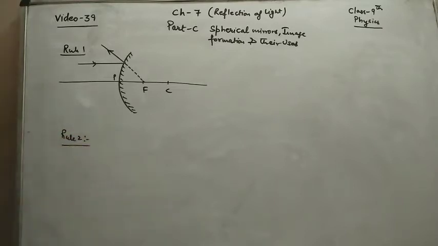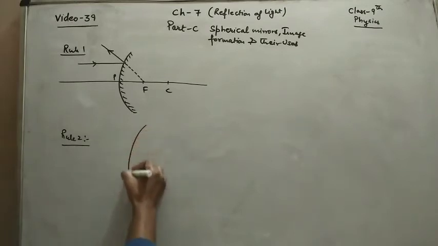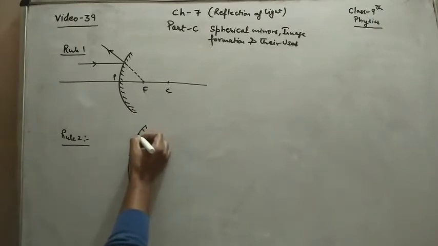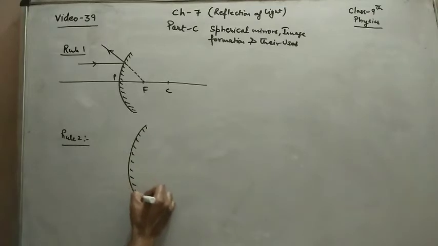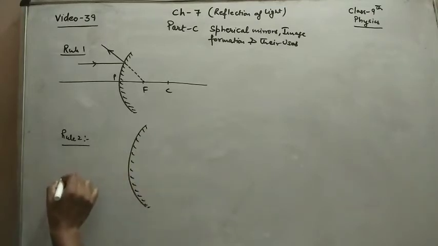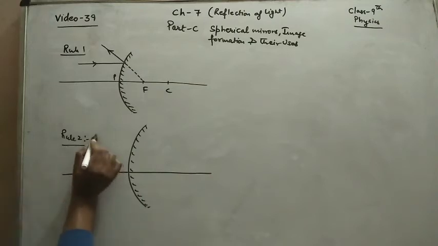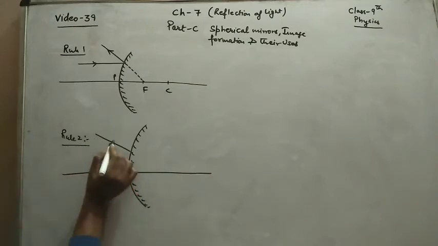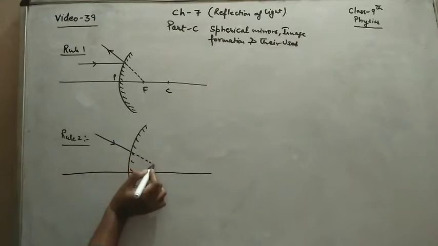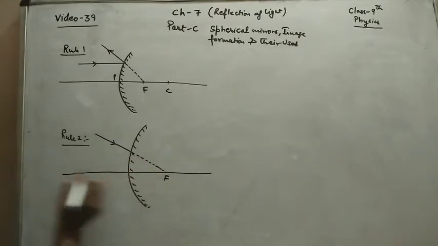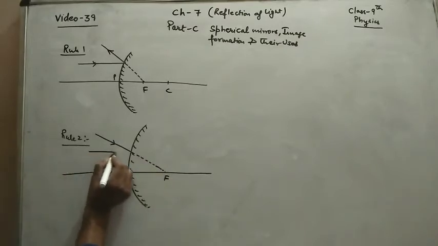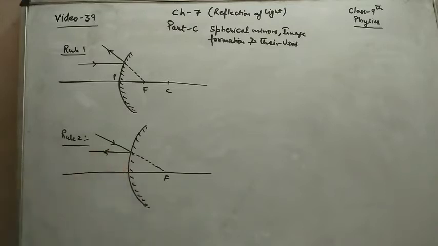Now rule number 2. The ray which is approaching the focus, after reflection it will go parallel to the principal axis.